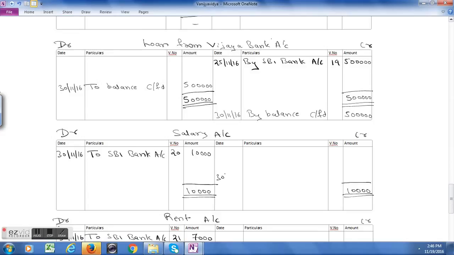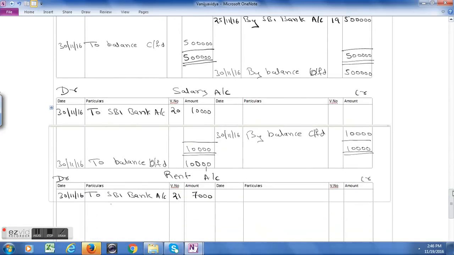So by balance carry forward 10,000, and we have to put it on the debit side. To balance brought forward 10,000.